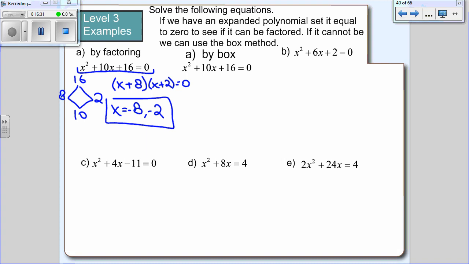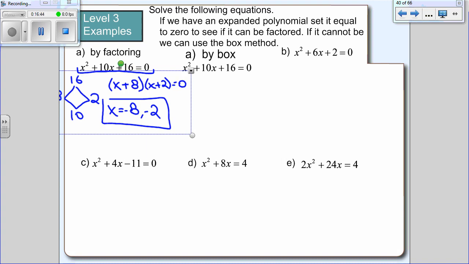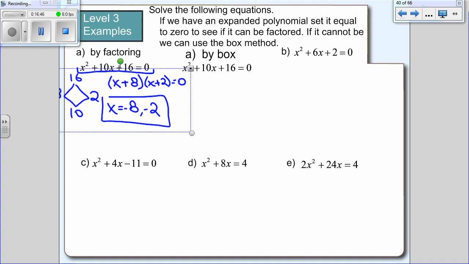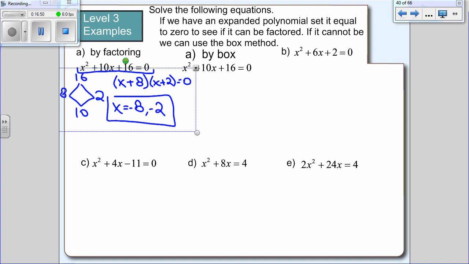There's a second way that exists. It's called the box method. My suggestion is, in this unit, always try your best to factor it first. So remember we went through those stages where I said, put it in general form, try factoring it, see if that works. That's always your first option.